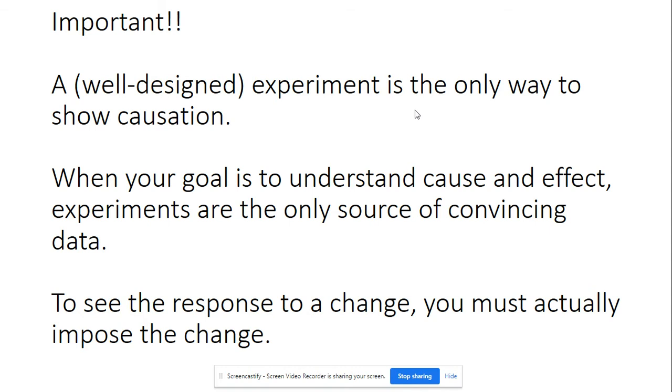So the blank that's on there, you can only show blank through a blank. So you can only show causation, which is cause and effect. You can only show causation through an experiment.